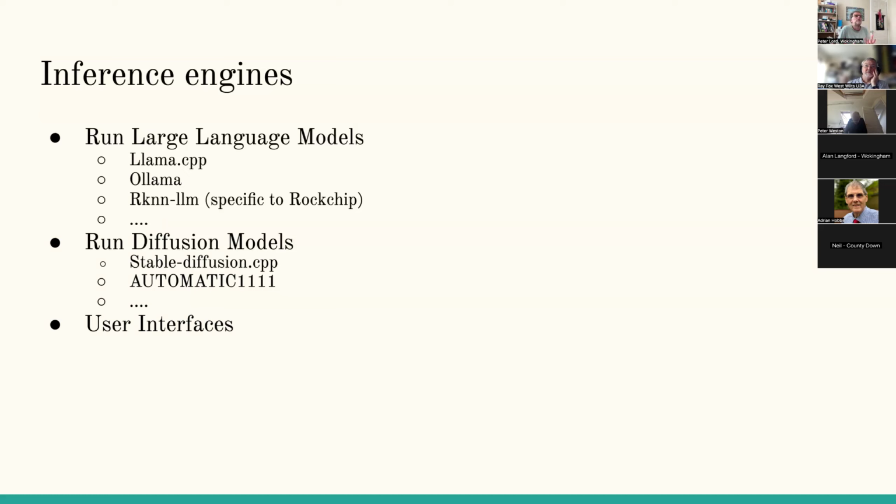But we need to go beyond that and get graphical interfaces. So there is a graphical interface built in to llama.cpp, and I'll show you that. But there is a general purpose user interface called Open WebUI. And that can speak to llama.cpp, it can speak to Ollama, it can speak to Automatic, it can speak to the internet and so on.